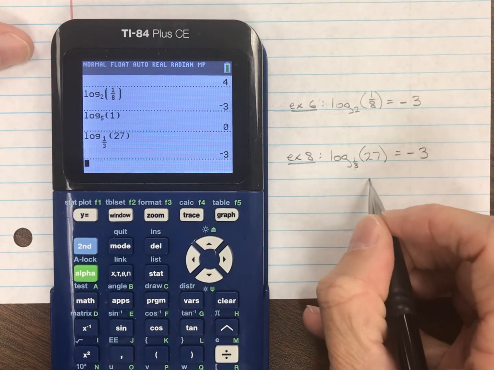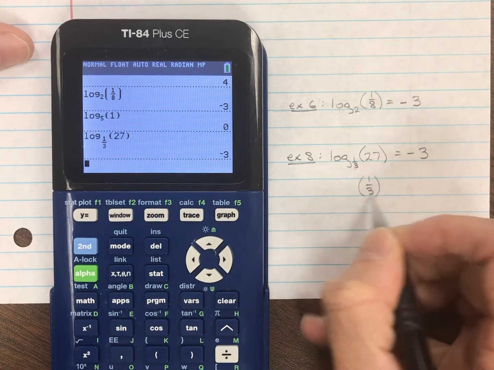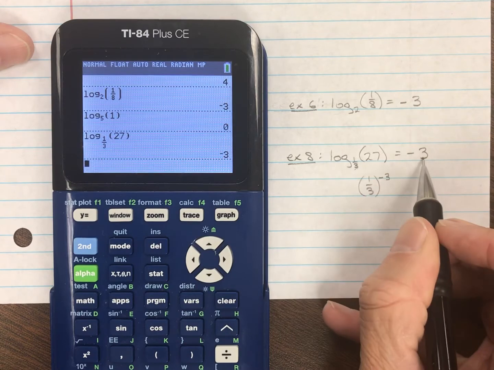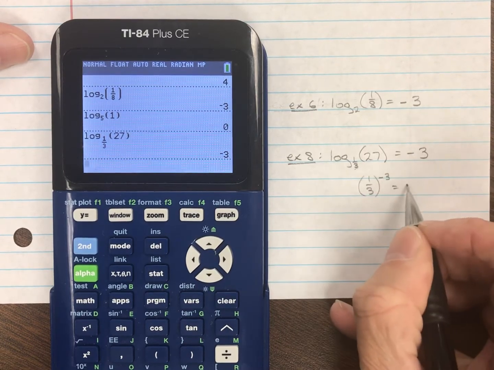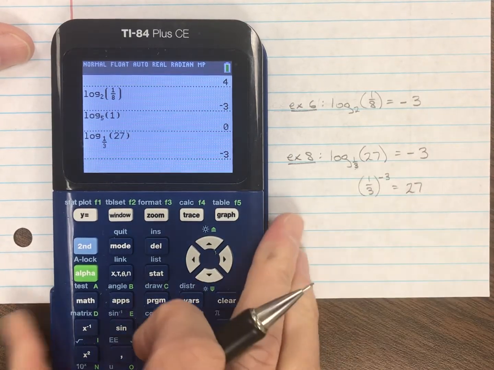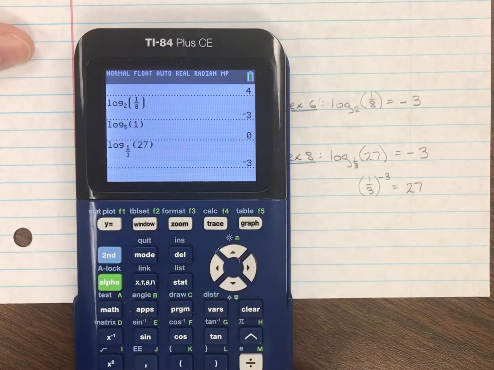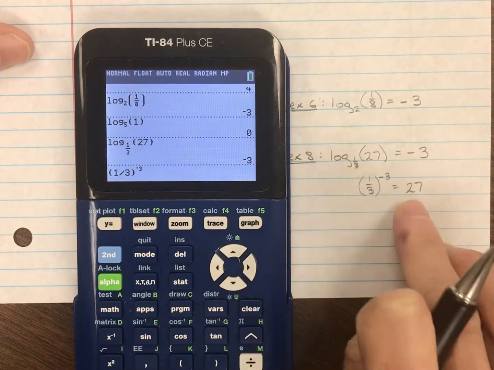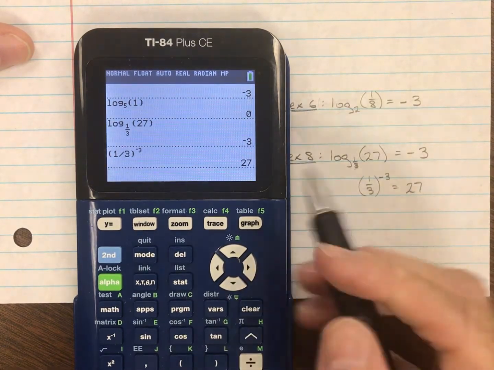Remember, this tells me 1/3 to the negative 3 exponent, base to exponent equals argument, equals 27. Let's check that. So 1/3 raised to the negative 3. I should get 27 out of that, and indeed I do.